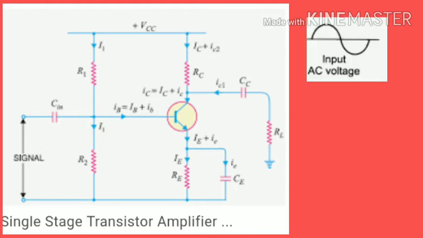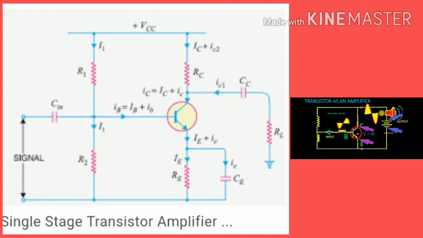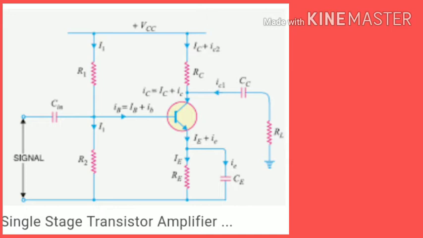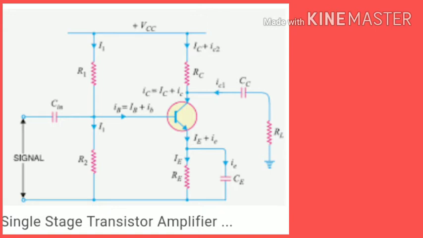This weak signal is applied between the base and emitter terminal of the transistor as shown in the figure on the left side, and the amplified output, that is the strong signal, is taken across the collector terminal and emitter terminal of the transistor, or we can get this amplified output across the load resistor RC.